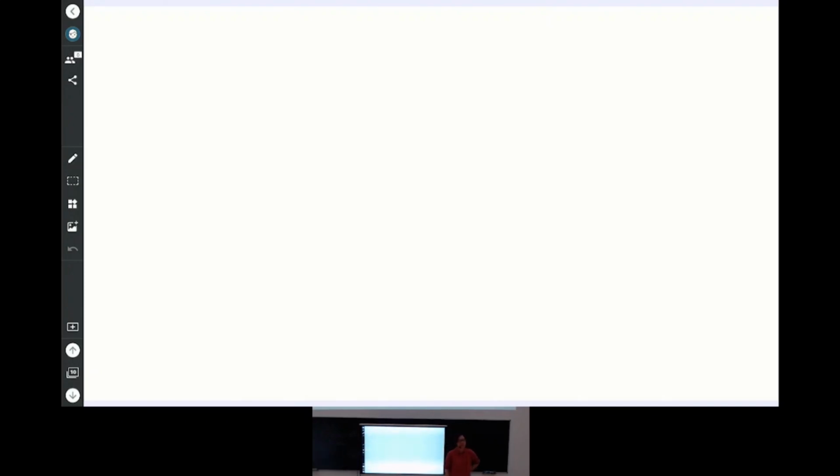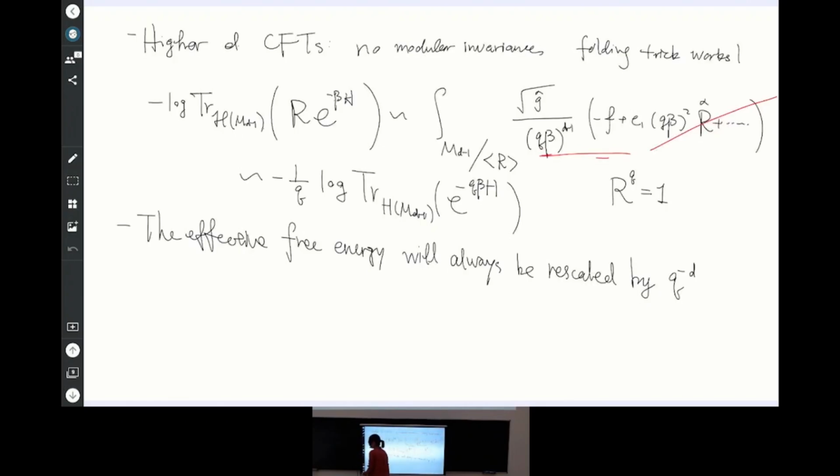Yes, for 3D Ising, I think we tried to plug in some numerical data, but I would say that the result is a little bit inconclusive. That's mainly because we somehow have more even spin data than odd spin data, and that makes it hard to really verify this conjecture.